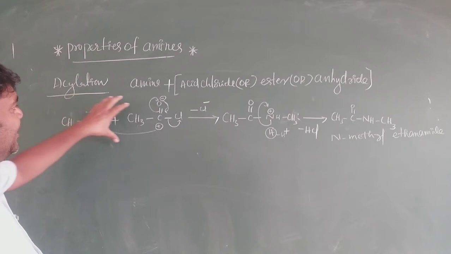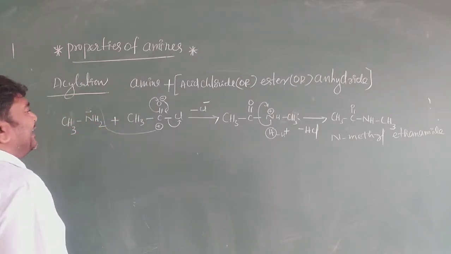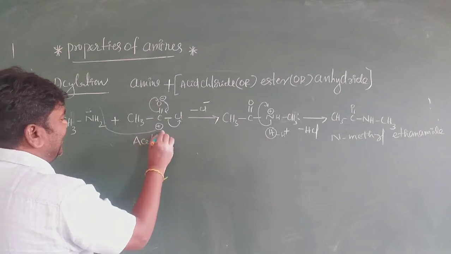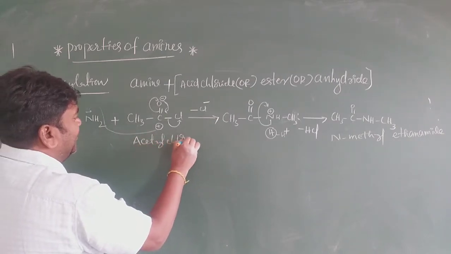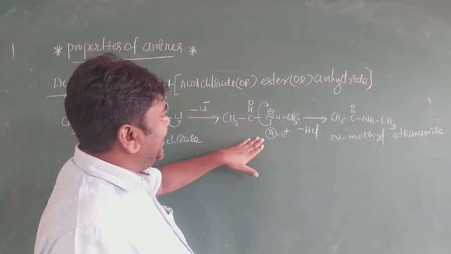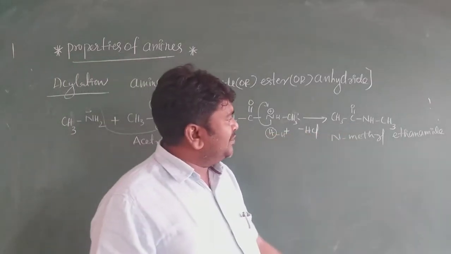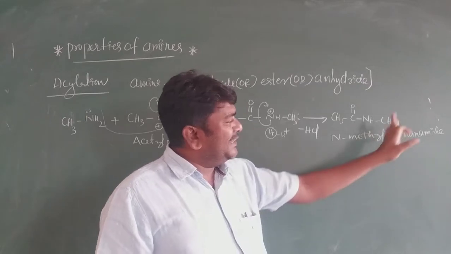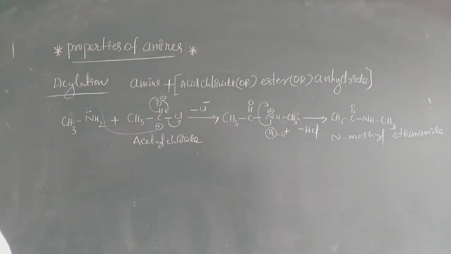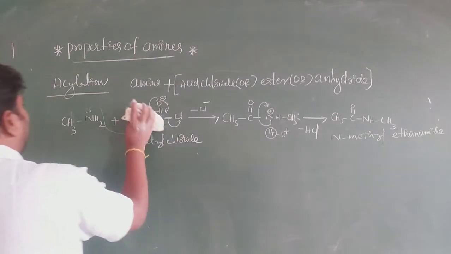Methanamine reacts with acetyl chloride, and you get this intermediate compound. Finally, what is this? N-methyl ethanamide is formed. Okay, next I'll take this as an ester. Sorry, anhydride, ethanoic anhydride.